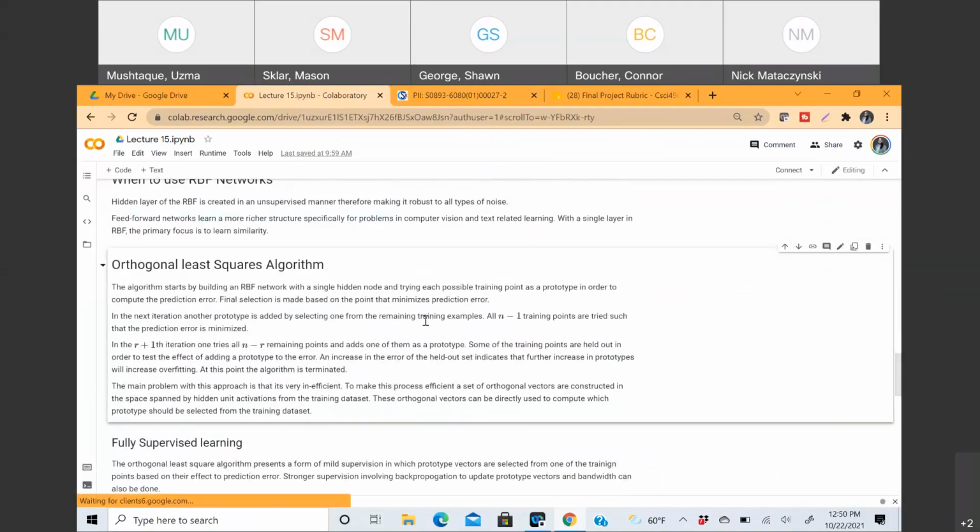All right, so the final thing that I want to talk about is the orthogonal least squares algorithm. This is the one that's most commonly used for building this RBF network. It builds on a very basic idea: how about I start with a single hidden node every time, and I try every training point, and then I come up with the best node depending on my prediction error.